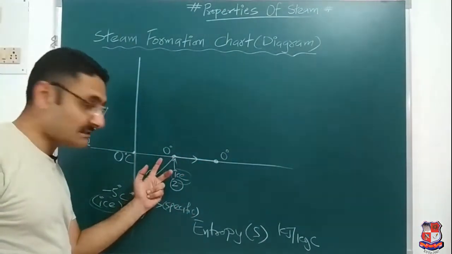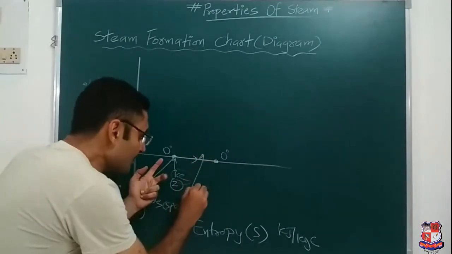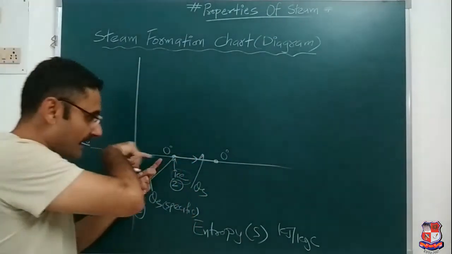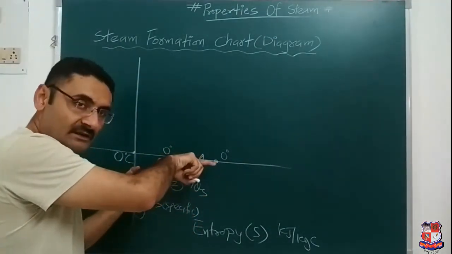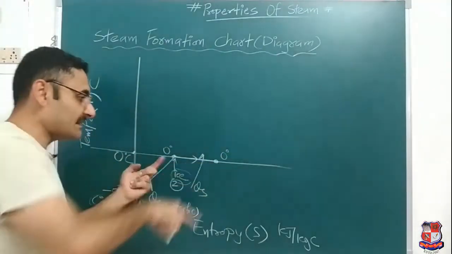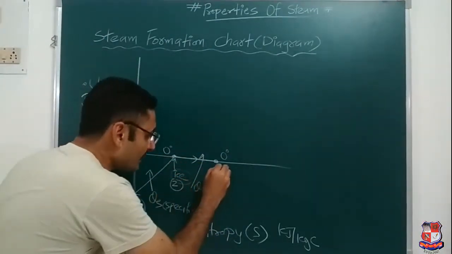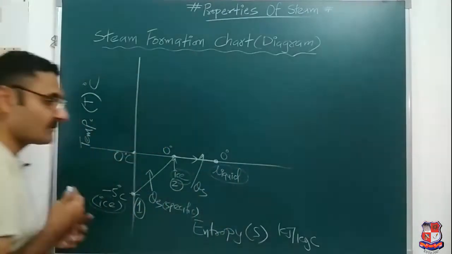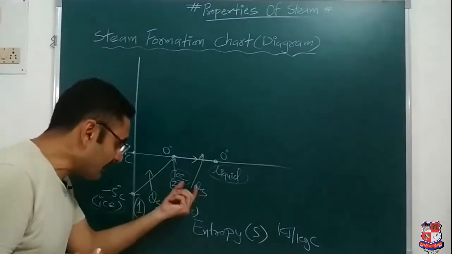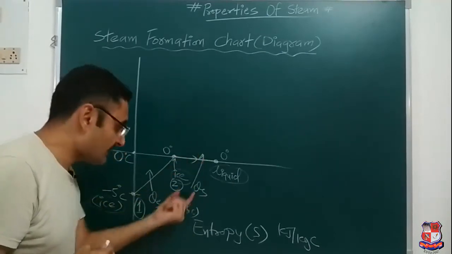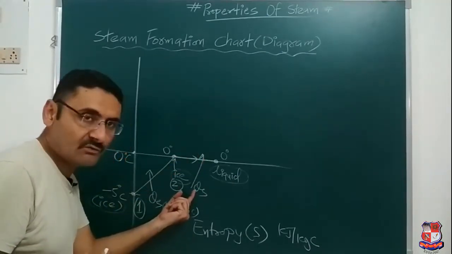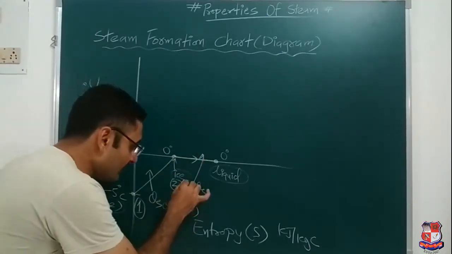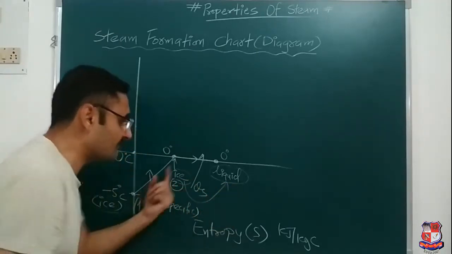If you supply more heat to the ice, the temperature remains constant but entropy is increasing. So that ice will be converted into a liquid, that is, water. That means whatever amount of heat is supplied is used for changing the phase of the substance.